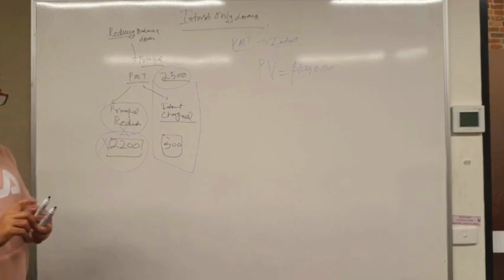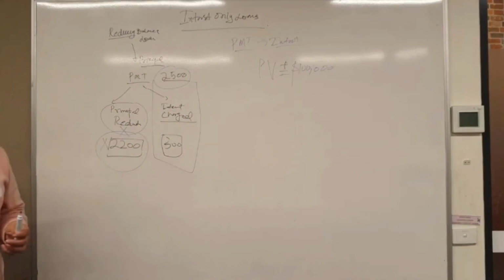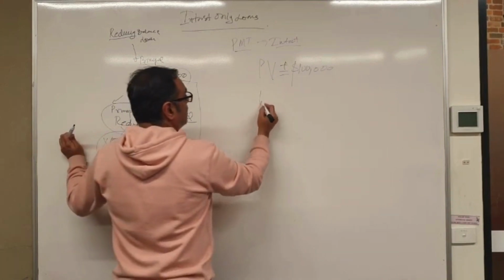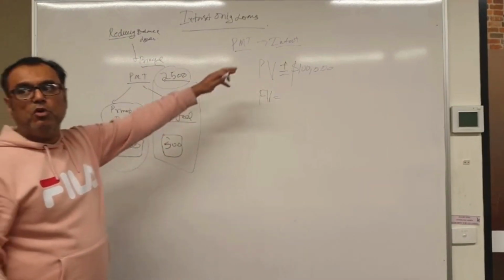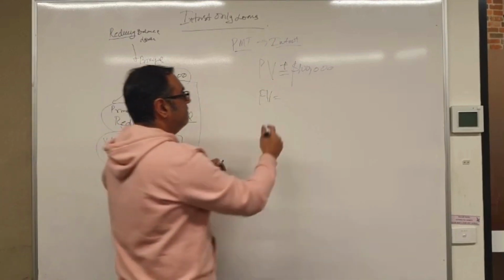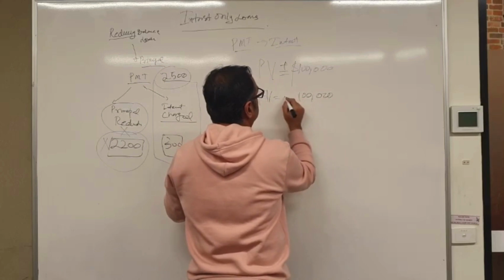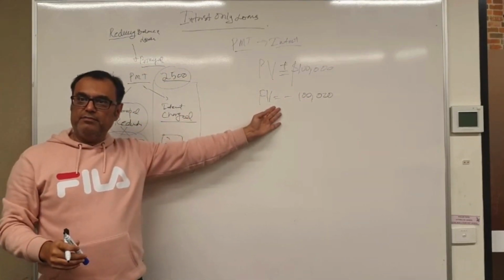The present value, which is positive because the money is coming into your bank account as a loan, at the end, till the time you want to pay interest, the future value will always be equal to your present value, in a negative value. Why? Because you're not actually paying.